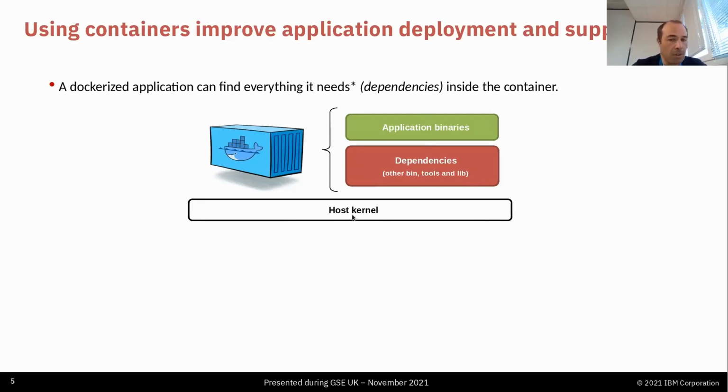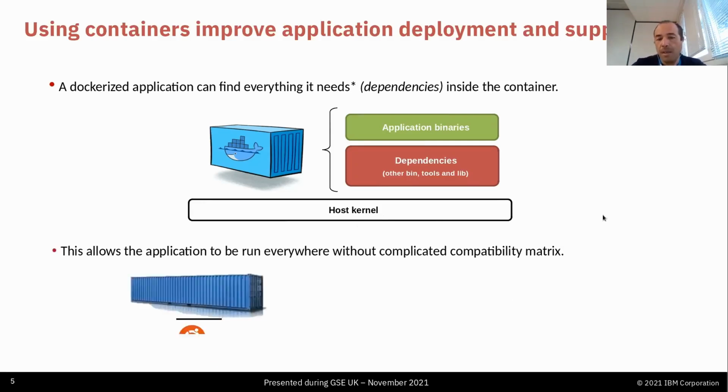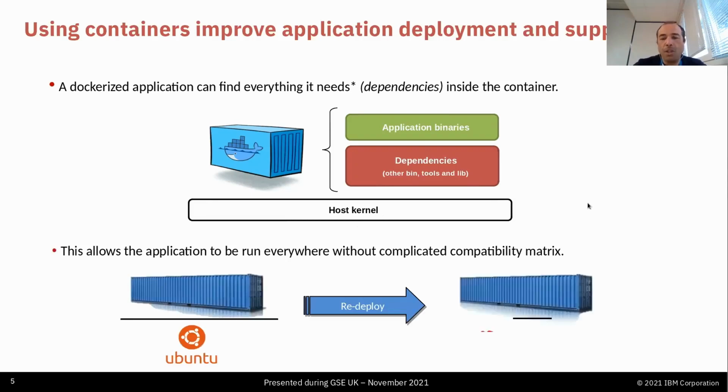And this is running on a host kernel, and that's true for all the different servers and operating systems on which you can run containers. On the Z platform it's the same, but while you stay on the same architecture, you can have multiple host kernels, meaning that your container can be moved from an Ubuntu operating system to a Red Hat operating system, quite transparently.